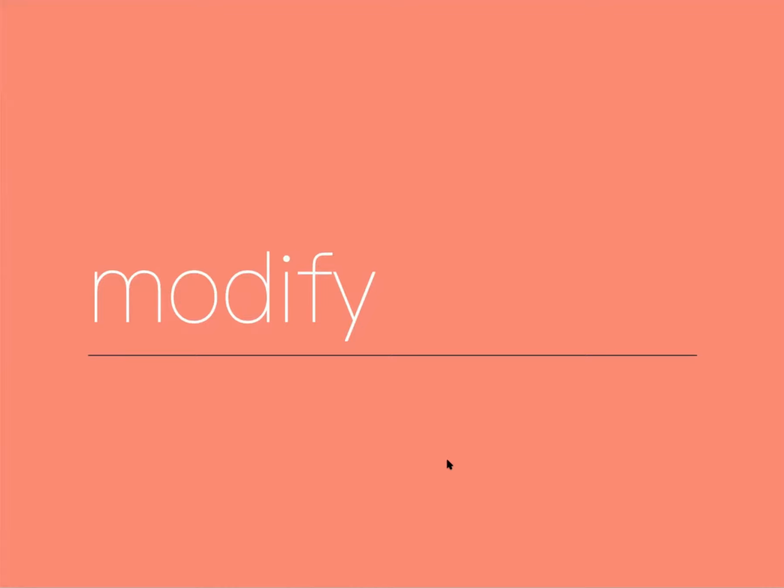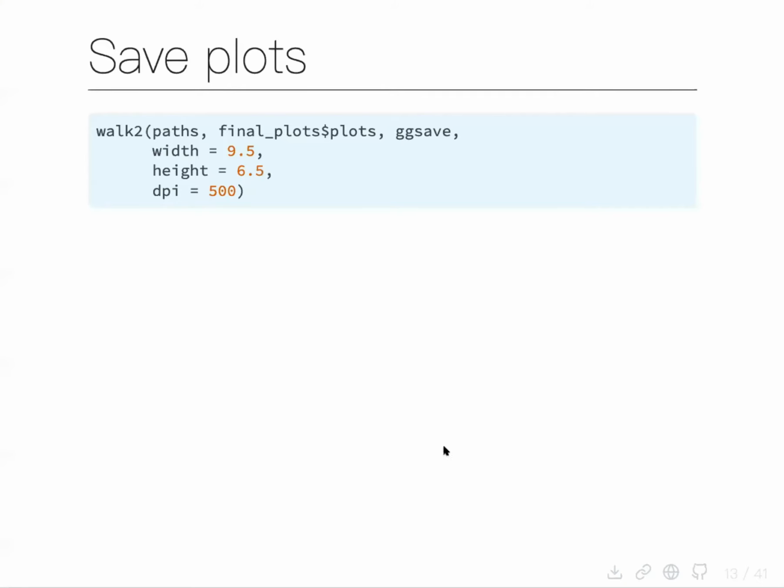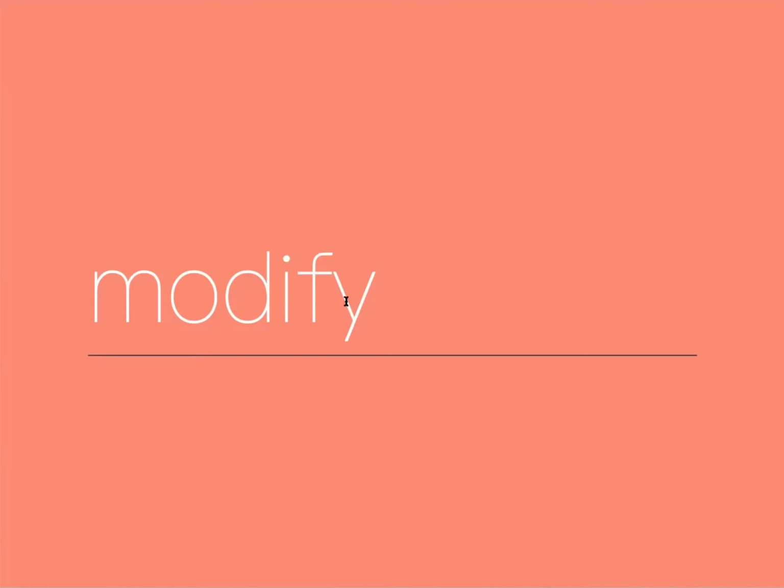But you could say walk, just walk, not walk2, through the plots, right? The final plots. So you'd say walk, final plots, and then say print. And what it would do is it would go through and print each plot, but it won't print it with the iteration history in it. So it won't say 1, and then there's the plot, and then 2, and then there's the plot, and then 3, and then there's the plot, right? Okay. Any questions on that?